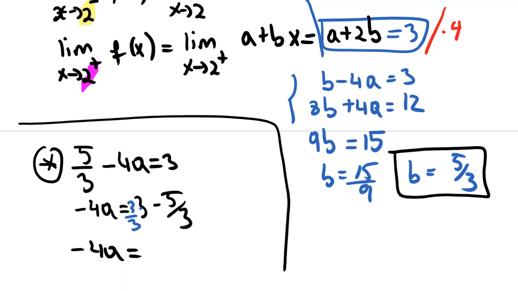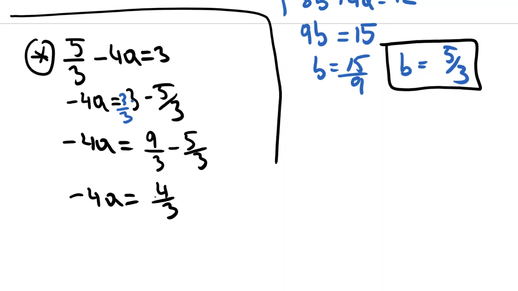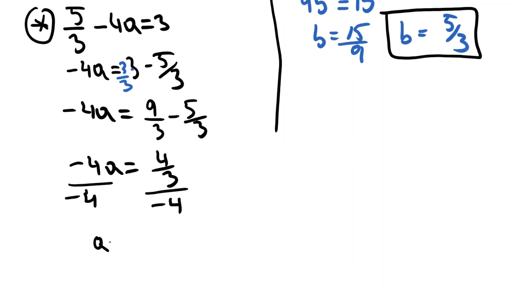So I'll have 9/3 minus 5/3, so negative 4a equals 4/3. Divide by negative 4. I get that a equals 4/3 times 1 over negative 4. So a equals negative 1/3.